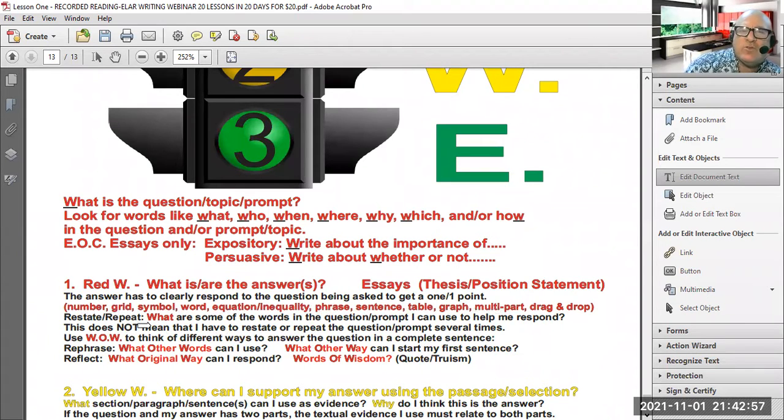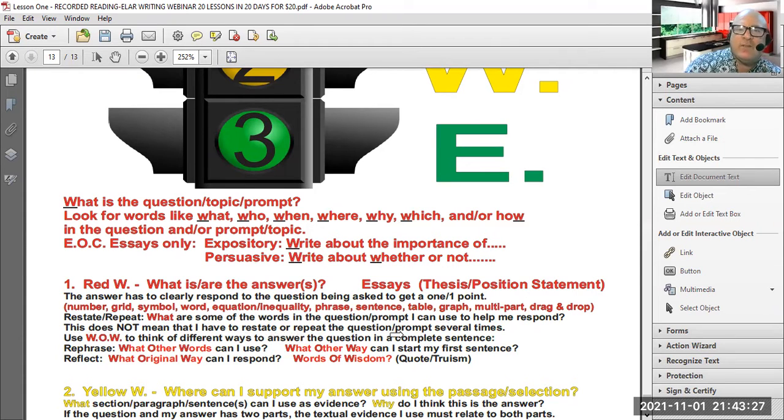So if they don't answer those kinds of questions, then of course they didn't make it to the red light. They didn't get a 1. One of the easiest ways is to restate or repeat part of the question. What are some of the words in the question or the prompt that I can use to help me respond? This does not mean that I have to restate or repeat the entire question or prompt several times.